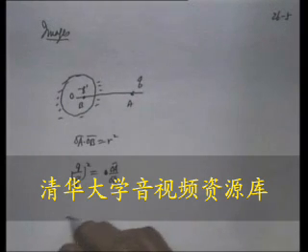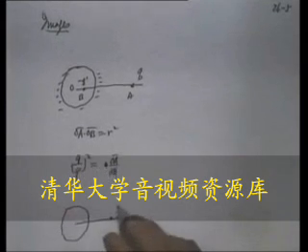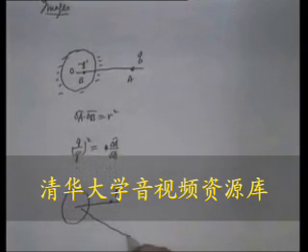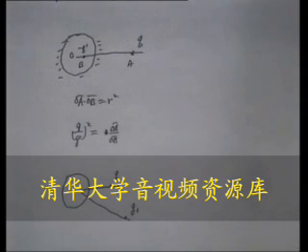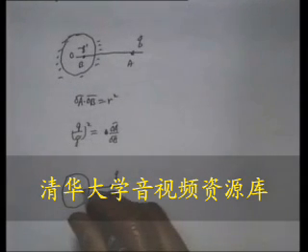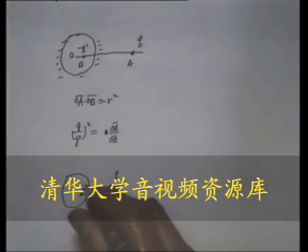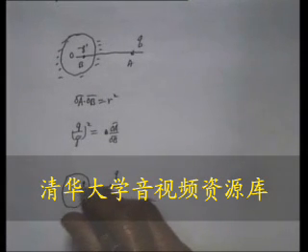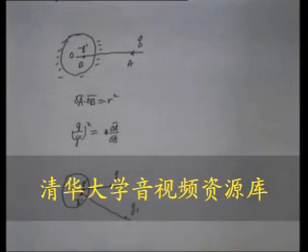But suppose what happens if you have a slightly more complicated problem? Suppose you have a charge here. You have another charge here. And this is a conductor at V equal to 0. You produce an image for this one, you produce an image for this one. So this is minus Q prime, this is minus Q1 prime.